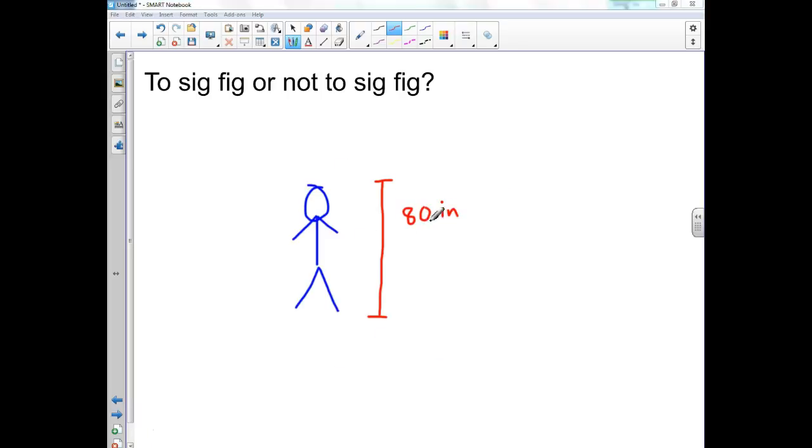This is like over 6.5 feet tall. So you get your measurement and you're 80 inches, but you know you're not actually 80 inches. You know that you're 75 inches, right?